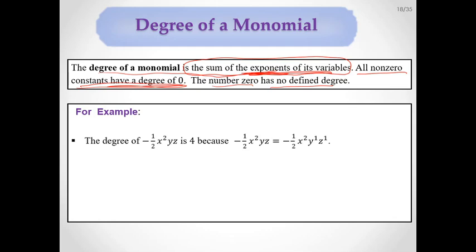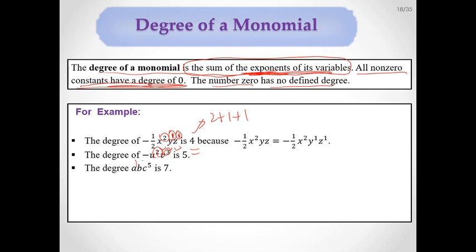So look at those. Look at the powers of the variables only. Okay, 2, 1, 1. So it makes 4. 2 plus 1 plus 1. Here it's 5 because 2 plus 3.